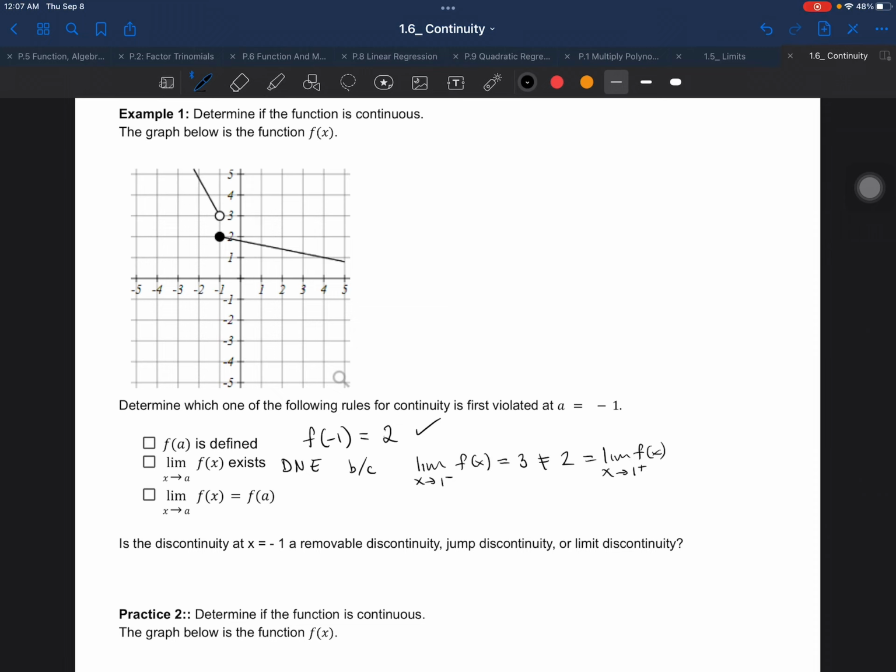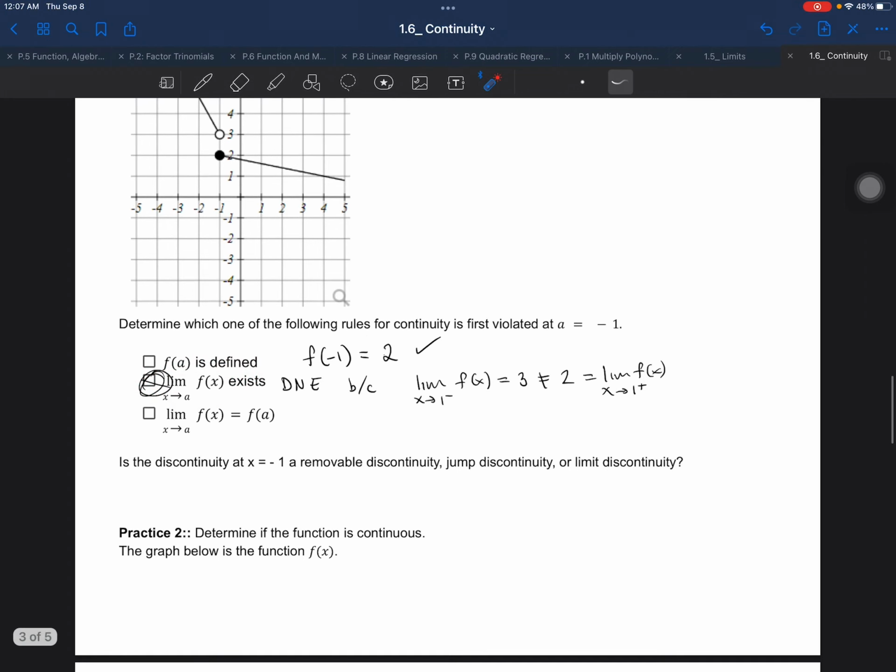So there you go. This is the one rule that is violated, the first one. Of course we can't proceed with the next one, because you already disqualify the function from being continuous from this rule.